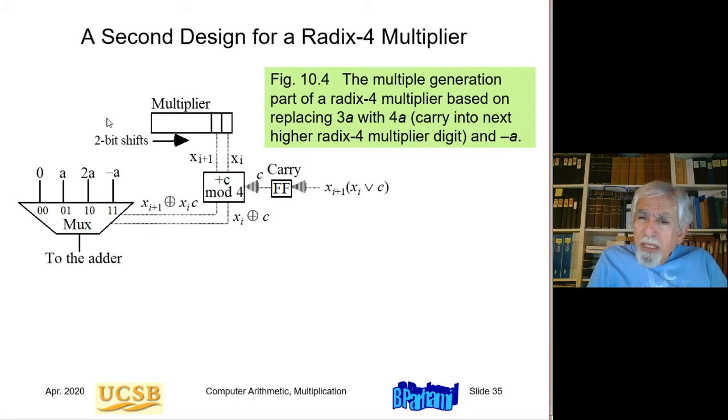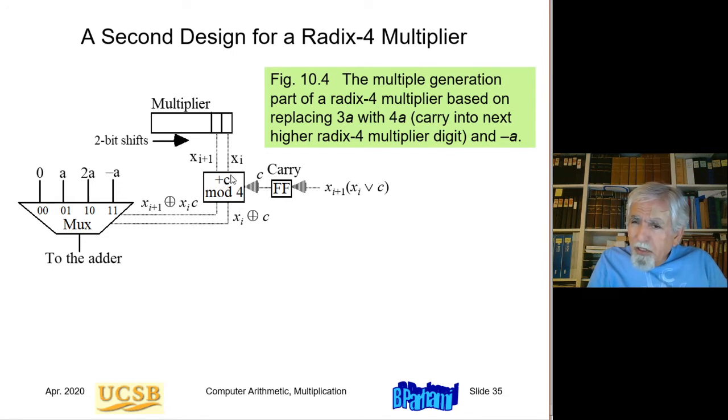Okay, so I got rid of that extra register. I got rid of the extra cycle for computing 3 times a, but I lengthened the critical path in the multiplier. So the critical path starts from here, goes through this circuit, goes through this multiplexer, goes through the adder, and then back to the partial product register.